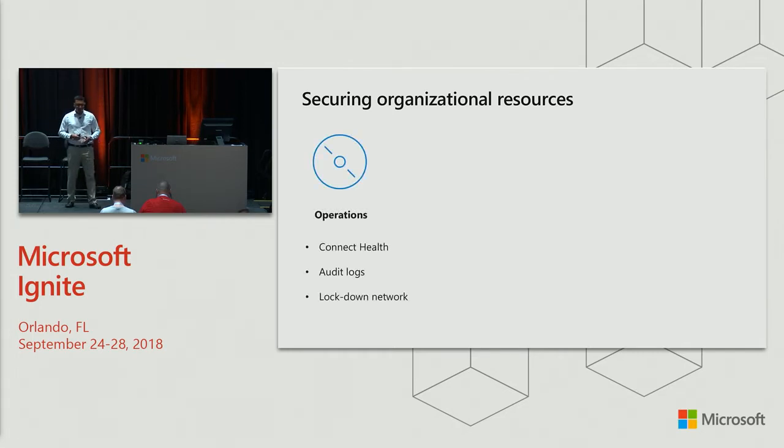The first thing is operations, and the first recommendation here is to start using Connect Health. Connect Health is a cloud service that can help you get critical insights into your on-premises infrastructure. Right now, Connect Health is available for your sync, ADFS, and ADDS infrastructure on premises.